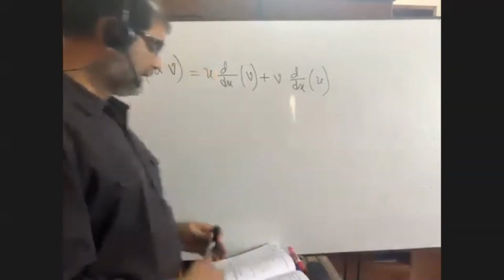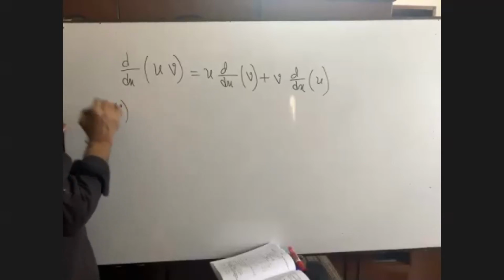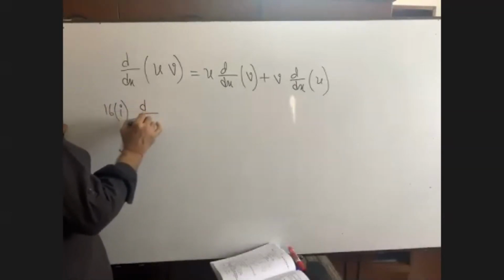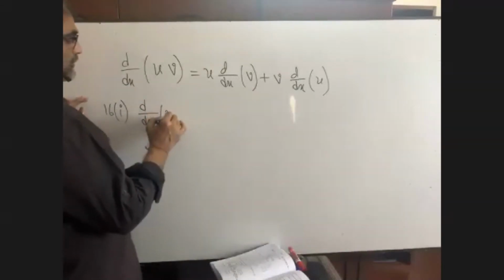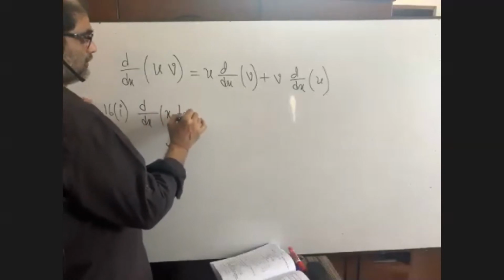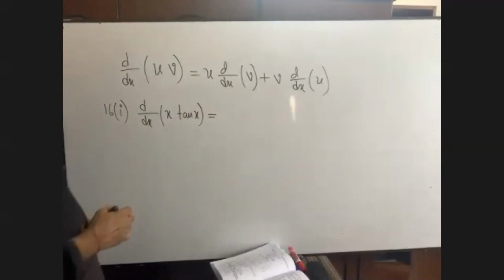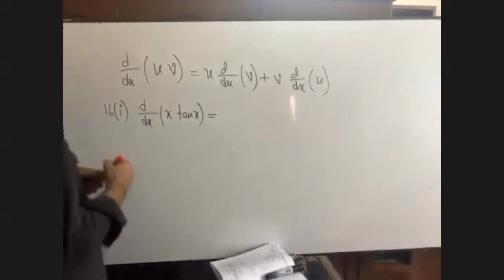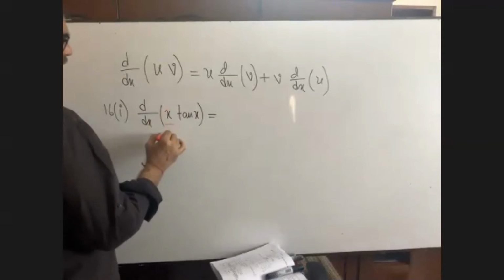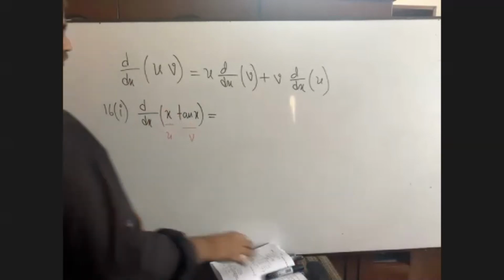Okay. I am going to do question number 16. You see, d by dx of x tan x. You do this math. What is u here? Talk to me, please. You are required to talk to me. What is u here? x. In this question, you considered it as u. It is v, right?